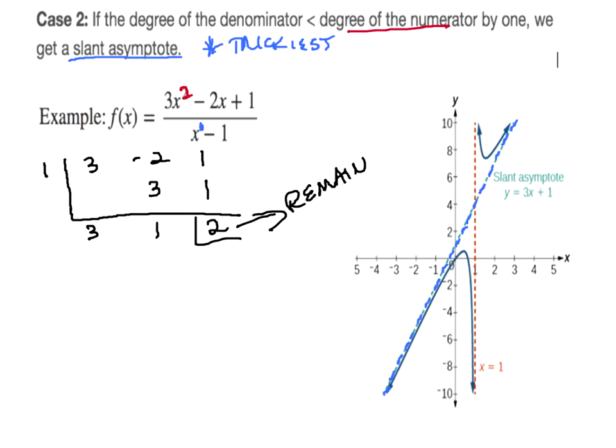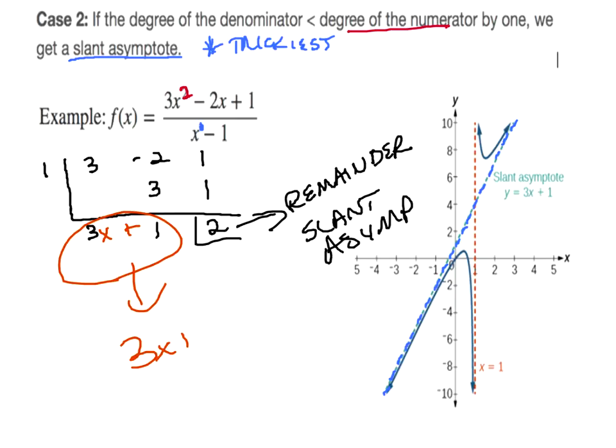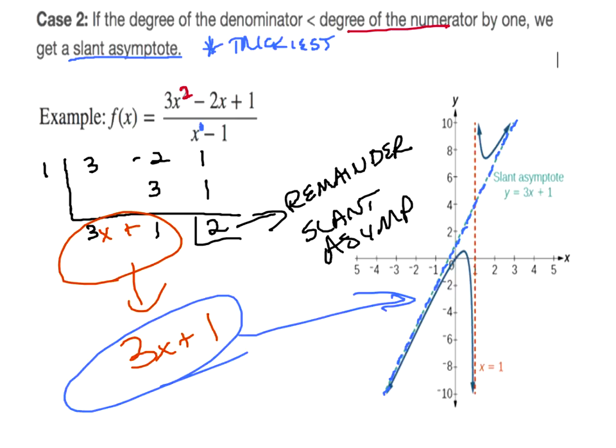If I have a remainder, this means I have a slant asymptote. And the slant asymptote lives at 3x plus 1. So that is the line, 3x plus 1.